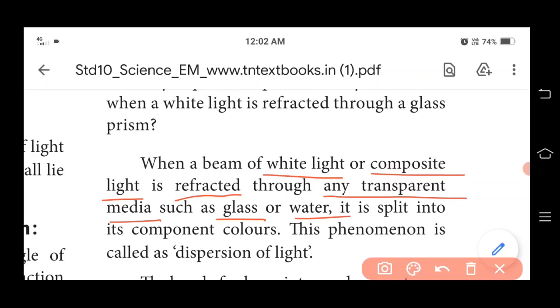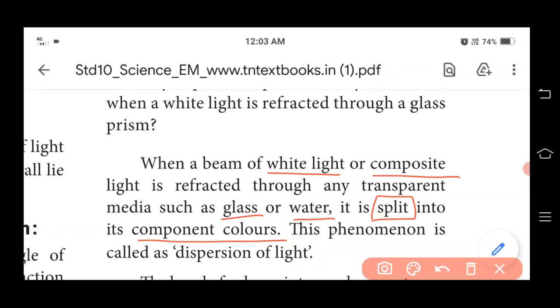So this phenomenon is called dispersion of light. Important 2 mark question: what is meant by dispersion of light? Dispersion of light is nothing but when a beam of white light or composite light is refracted through any transparent media such as glass or water, it is split into its component colors. This phenomenon is called dispersion of light.